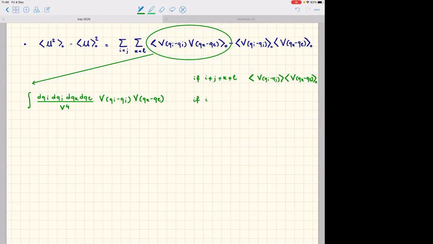For example, if i is equal to k, but j is not equal to l. Also in this case, this is equal to this product.